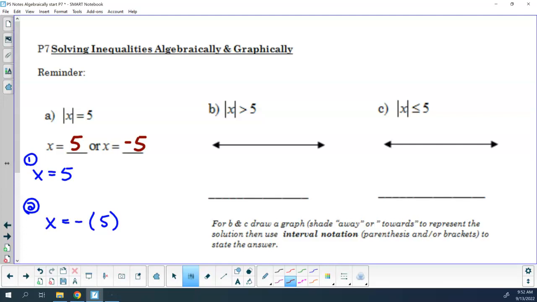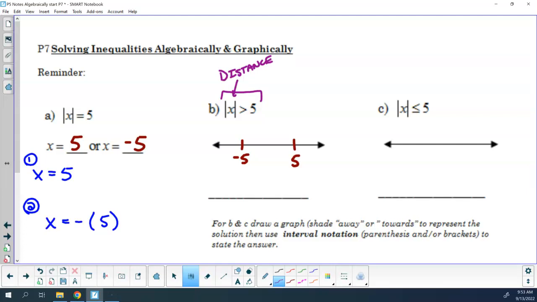Now, when we switch to an inequality, again, we would be concerned about 5 and negative 5. But what this right here is saying is that we want the distance, that's this part, right?